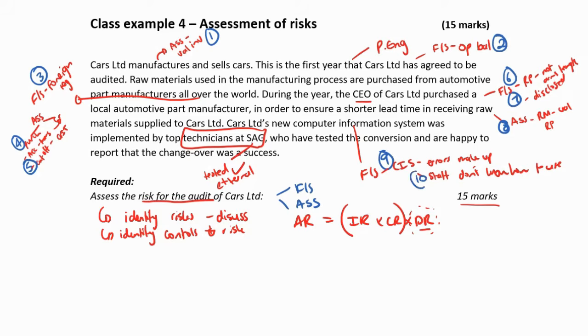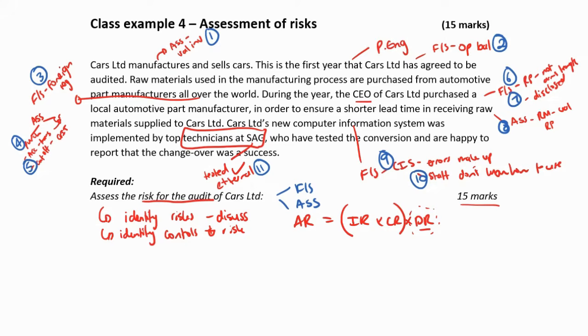And the 10th risk here, that staff don't know how to use this new system, so there could be errors in them trying to use the new system. And then we've got one positive here, that it has been tested, and an external party believes that the conversion was a success.